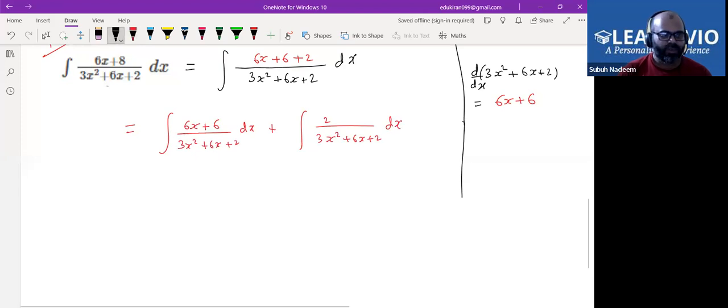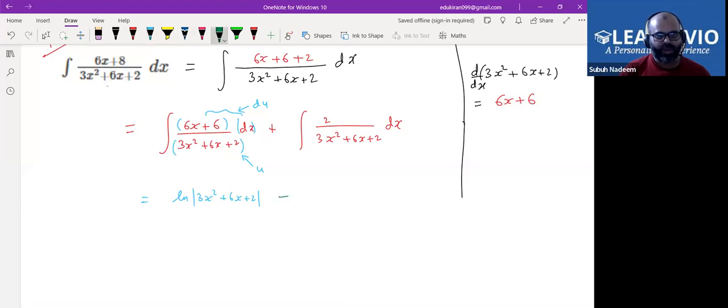Now the first one is not so difficult. If we assume the denominator is u, then the numerator into dx will be du. It is its derivative. So 1 by u du is log of u, which is log of 3x square plus 6x plus 2. I'm not taking it as u and again substituting it, I'm directly writing it like this.